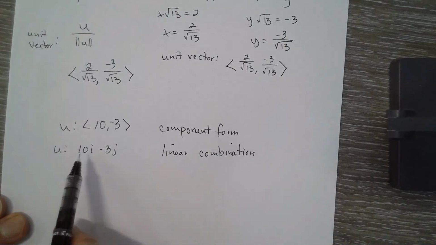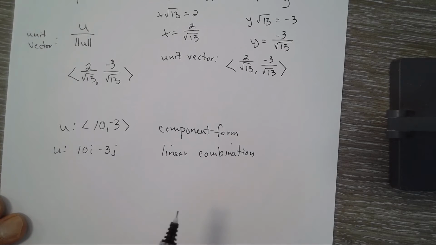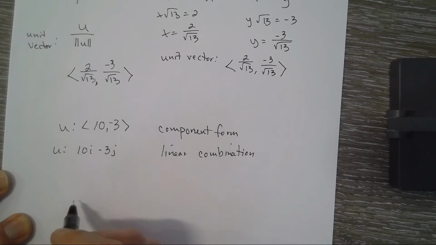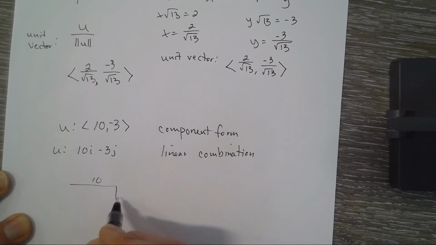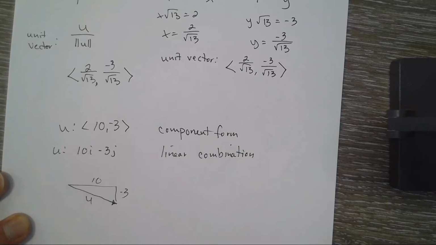So the i's represent the horizontal component and the j's represent the vertical component. So u would be 10 to the right and down 3, and this is u right there, written in linear combination or component form.